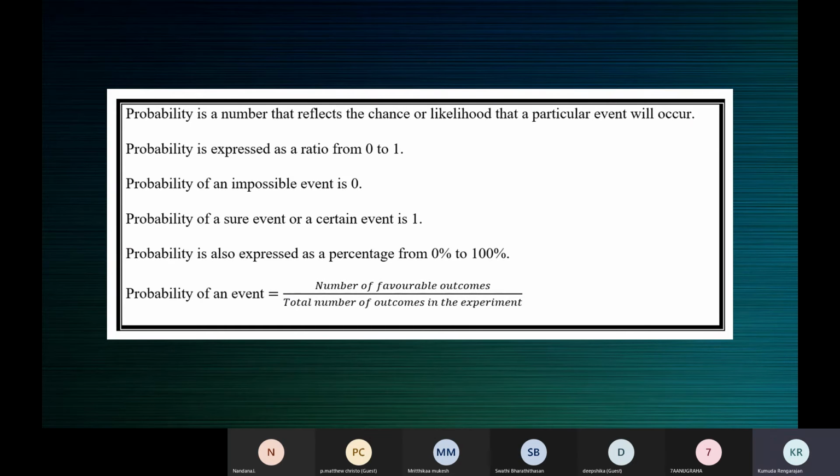Now, when we say on rolling a die, getting a number less than 7, what do you think of the statement? When you roll a die, what is the chance that you will get a number less than 7?